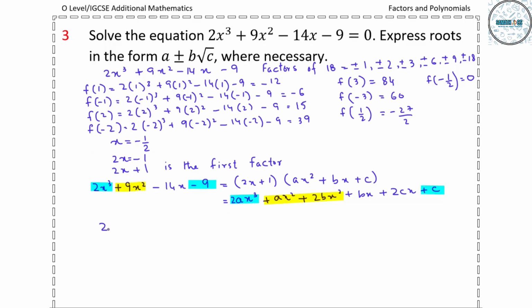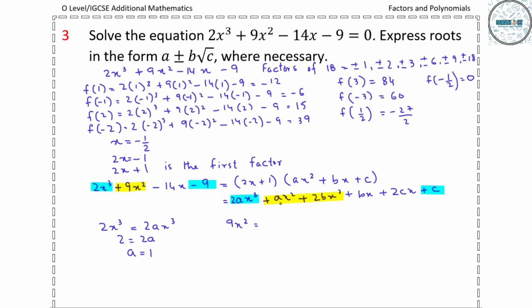So 2x cubed is equal to 2ax cubed, means 2 is equal to 2a and a is equal to 1. Then 9x squared is equal to ax squared plus 2bx squared.